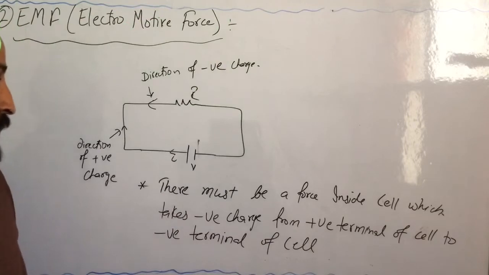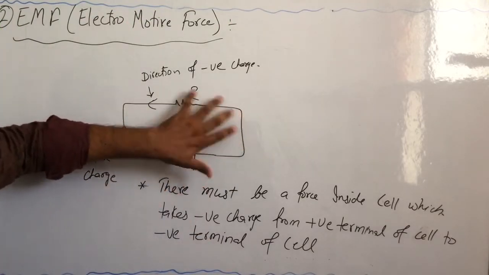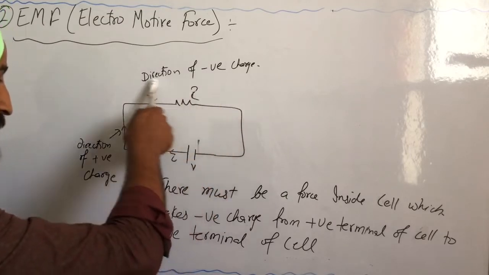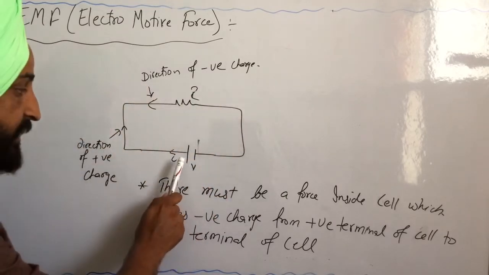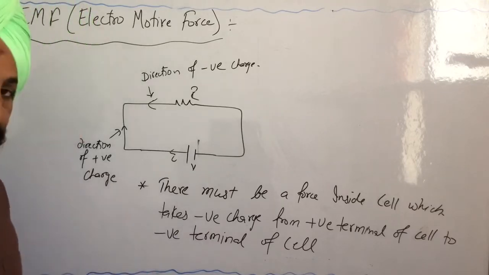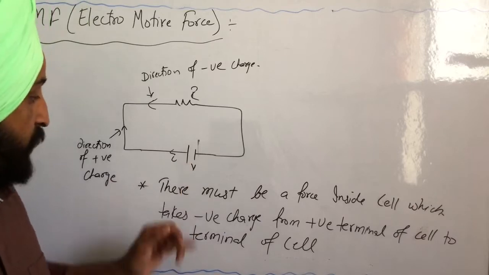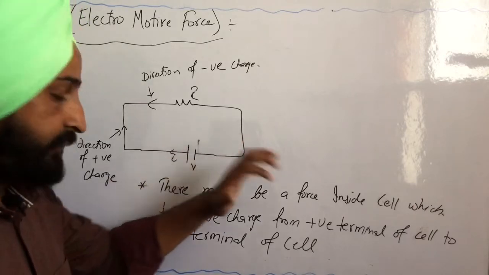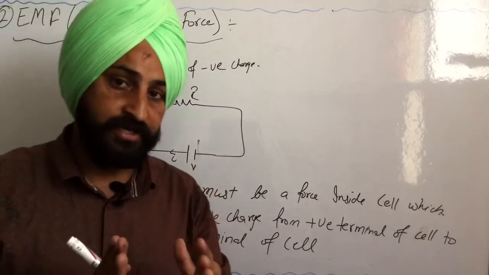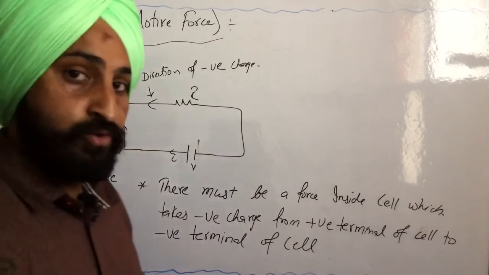Fine. So the negative charge is flowing in this direction, and then negative charge is getting accumulated over the positive terminal of the battery. So there must be some force which in turn carries this negative charge from the positive terminal of the battery to the negative terminal, so that the potential difference of this battery remains intact, and that force is called electromotive force.